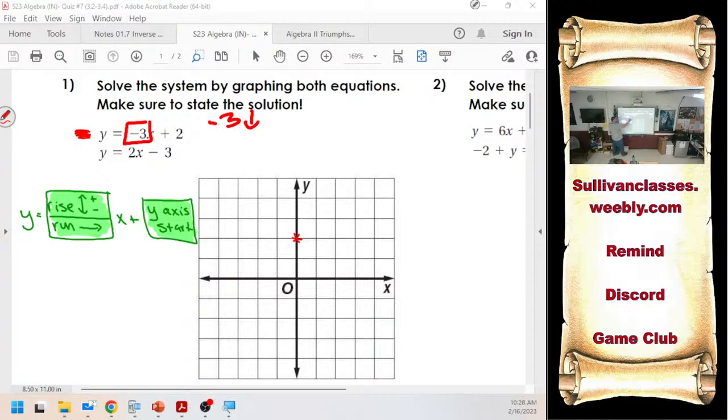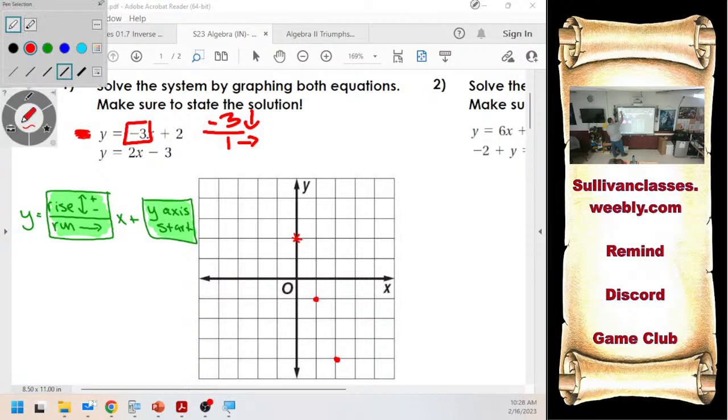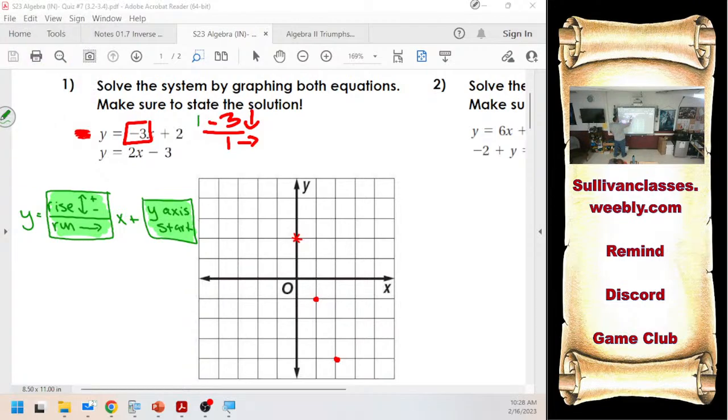Because there's nothing there, I assume there's a 1. That's how we make it into a fraction, and we always go left to right like a book. So from this point, I will go down 3, right 1, down 3, right 1. Or I could always reverse the flow and go up 3, left 1.